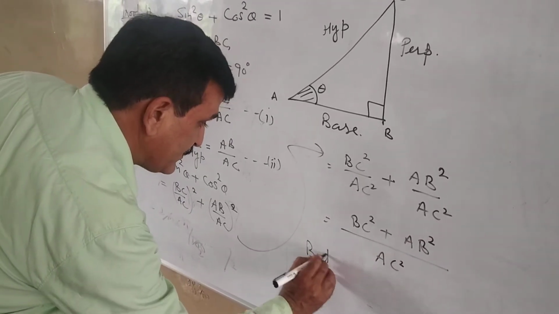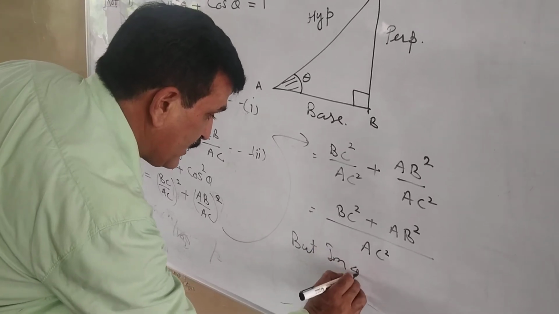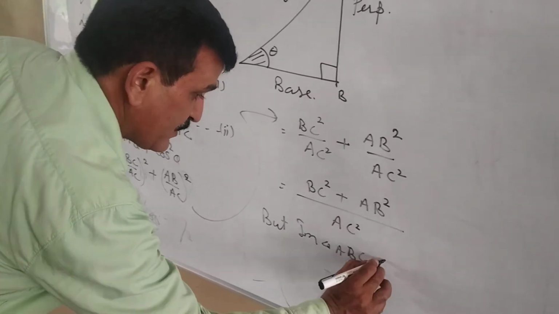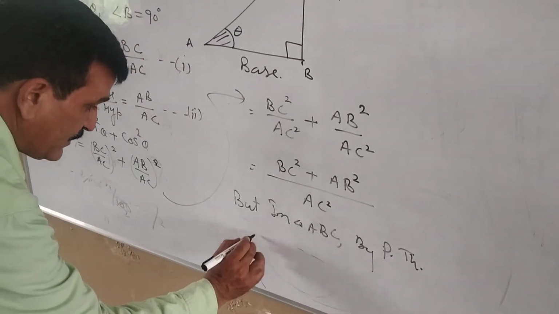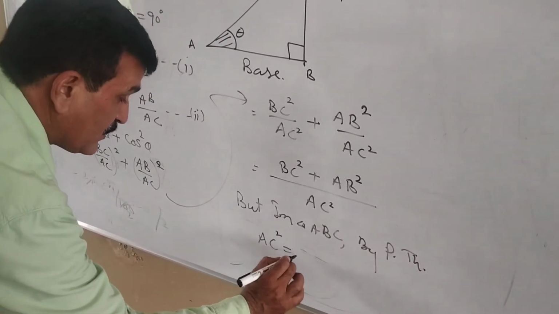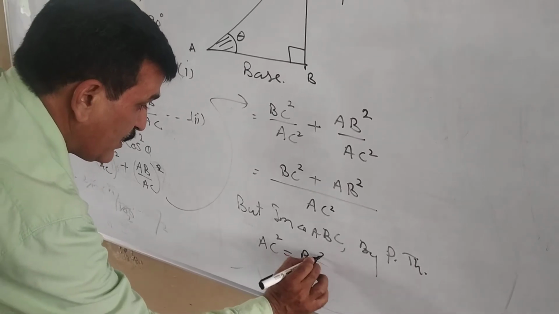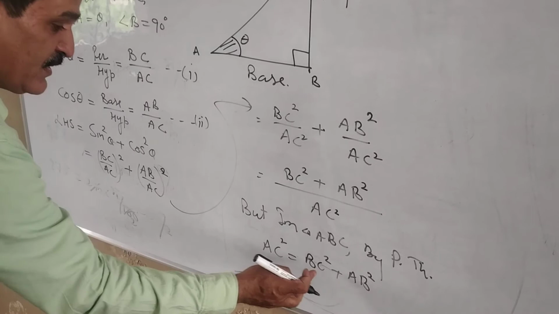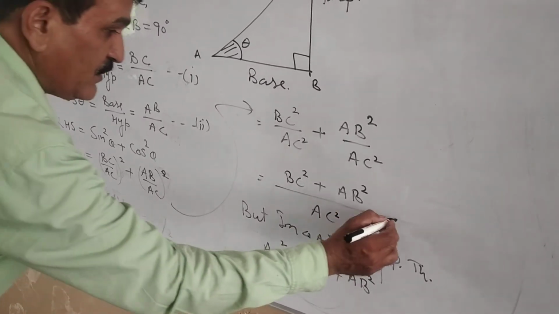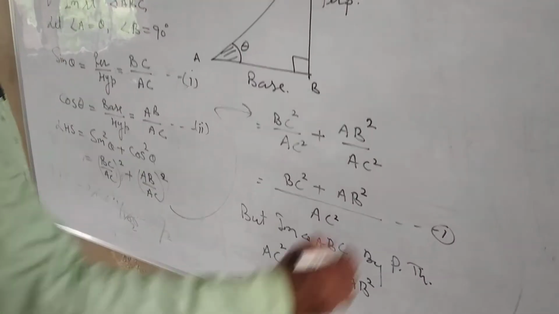But we know that, in triangle ABC, by Pythagoras theorem, hypotenuse square is equal to base square plus perpendicular square. So put this value of BC square plus AB square in this equation. What will you get?